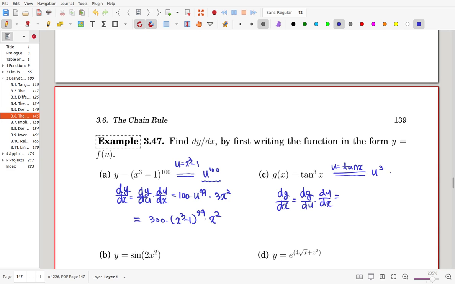Now the derivative of u to the 3 is 3u squared times du over dx, and the tangent derivative is sec squared x. Now we have to replace u with the original definition. So it's 3 times tangent squared x, times sec squared x.